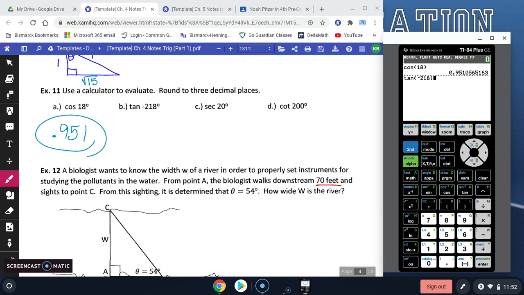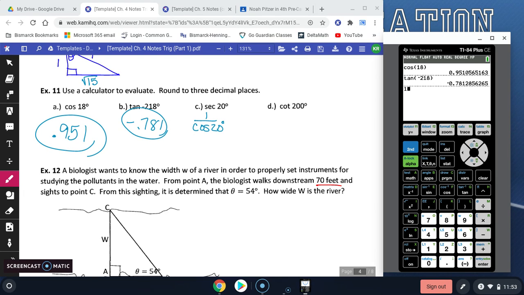Okay, tangent, you can do tangent of negative 218. Use your negative sign, not your subtraction sign. So this is a negative 0.781. Okay, secant. So secant and cotangent. I don't have those buttons. So what you can do here, secant is the reciprocal of cosine. So I probably would do it this way. To me, this is the simplest way to think about it.